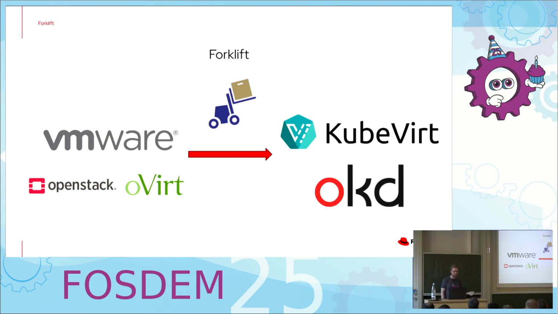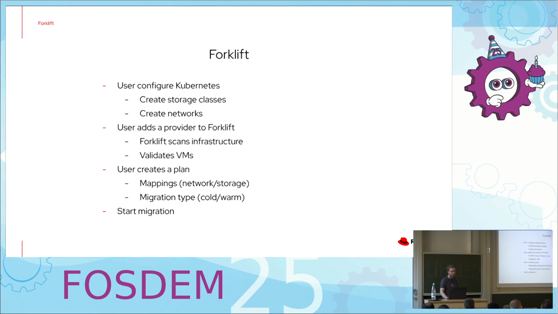What about Forklift? Forklift is a tool around KubeVirt, and it focuses on migrating from VMware, OpenStack, oVirt to KubeVirt itself. So in the whole migration process, you have configured VMware infrastructure on your source, and you need to first configure Kubernetes itself.